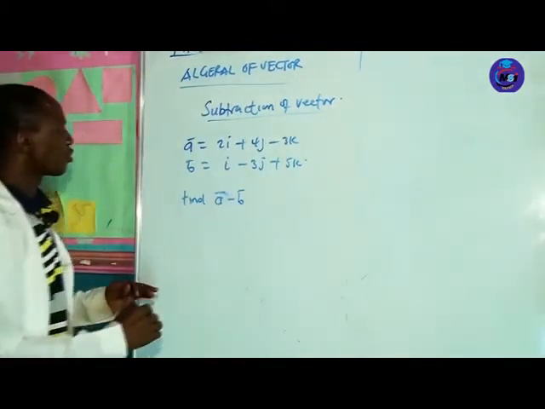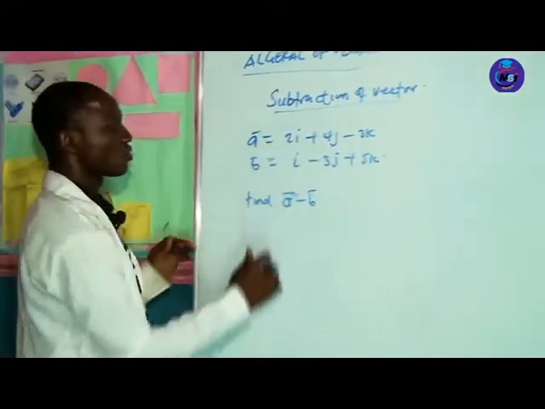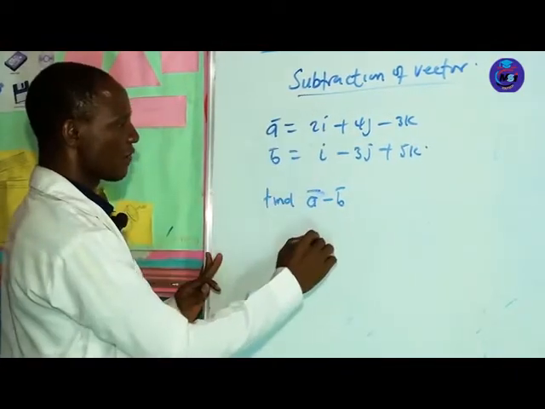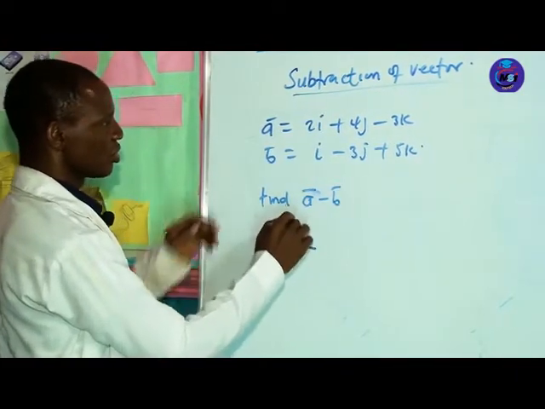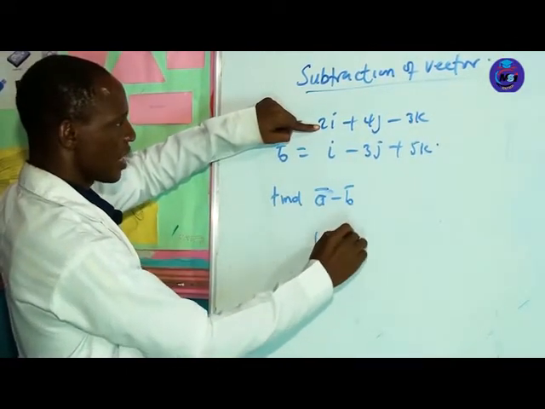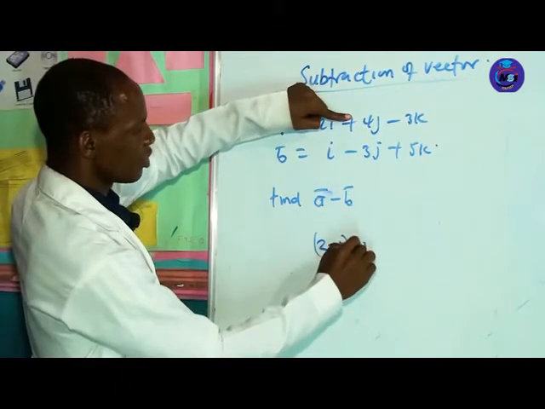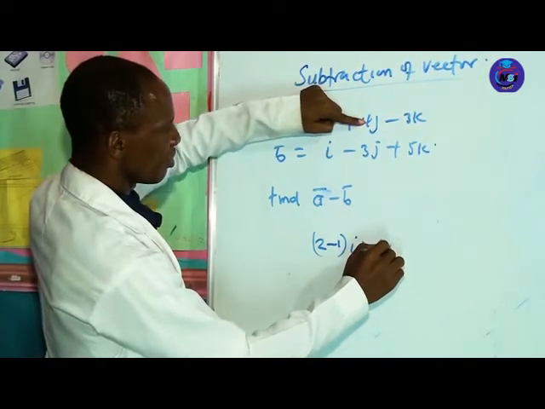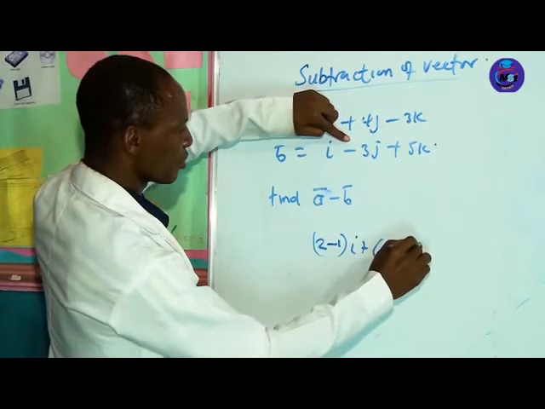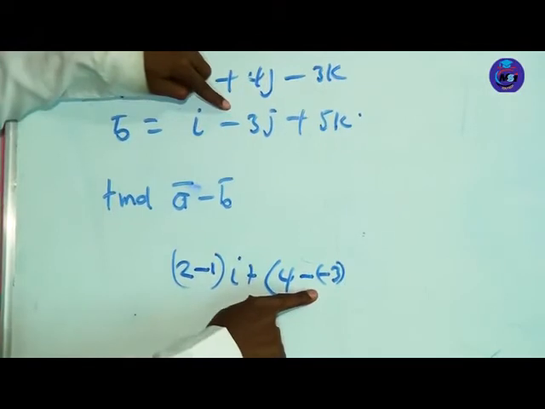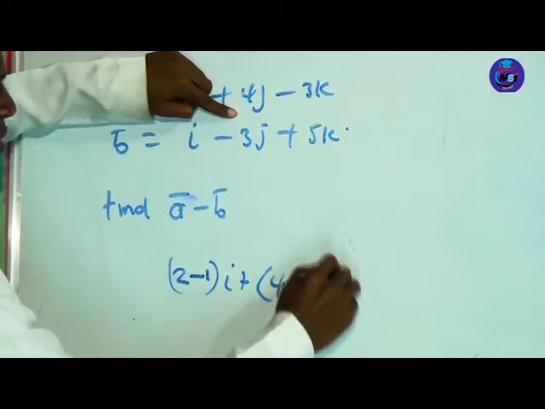Now, for you to subtract this from this, you carry the magnitude, deal with the magnitude only. We have 2 of this. The coefficient of this one is 1. Give us i. Come to this one, plus. So carry the coefficient here, 4. We are subtracting, minus minus. Don't forget there's an existing minus here, but we are subtracting, making the minus double. So plus.